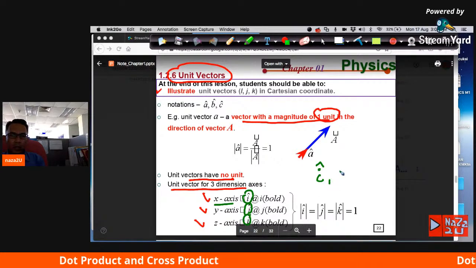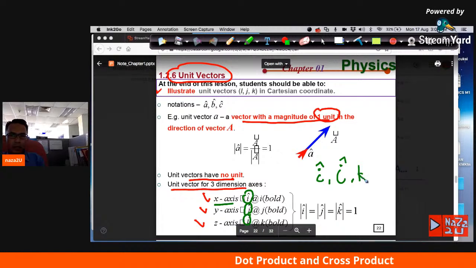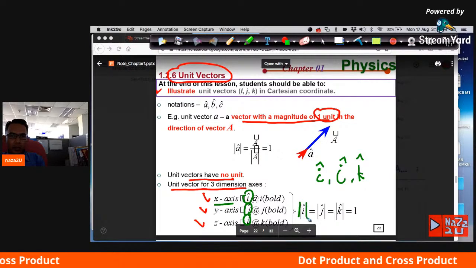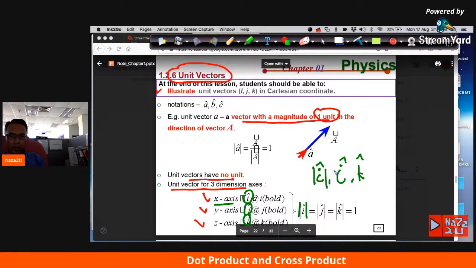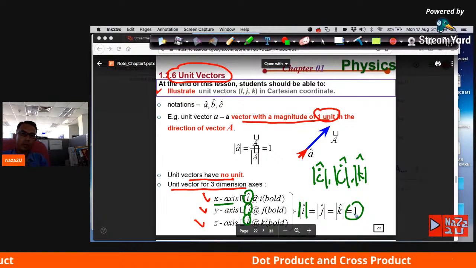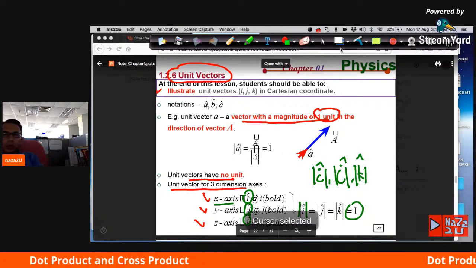So i, j, k. This is how you can write the symbol for the unit vectors i, j, and k. And the magnitude of a unit vector is equal to 1, right? Okay, so we go to the next.